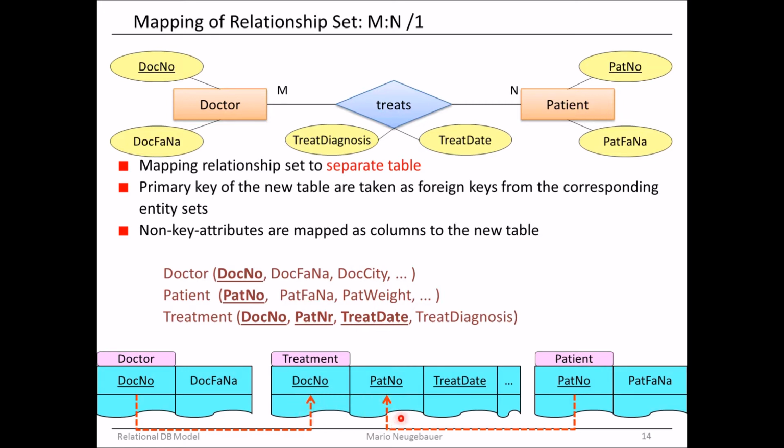And if we would have only these two attributes, these two columns as the primary key, we would not be able to identify the treatment as unique. So the later treatment would appear as this with the same ID. So we have to add the treatment date as a third part of the compound key in our treatment table.